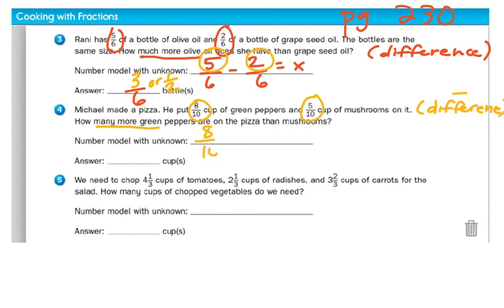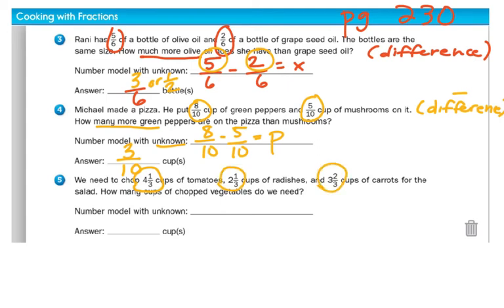So 8/10 minus 5/10 equals an unknown. We'll put P for pizza. And we just go ahead and subtract the numerators. 8 minus 5 is 3. 3/10 cups.